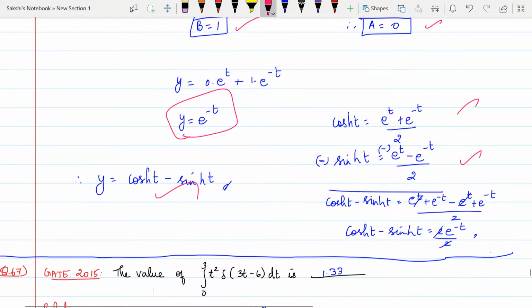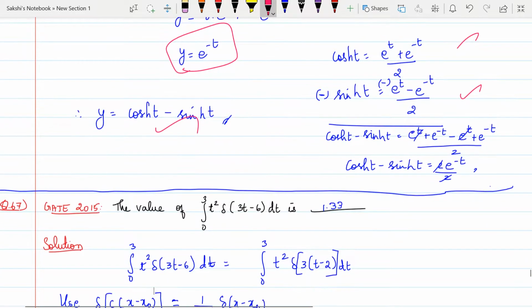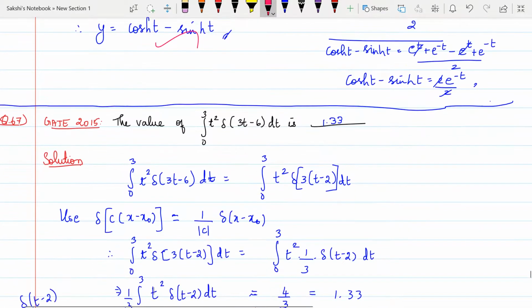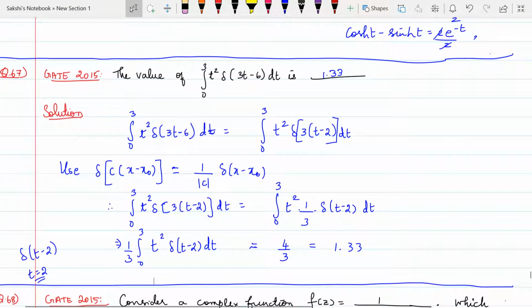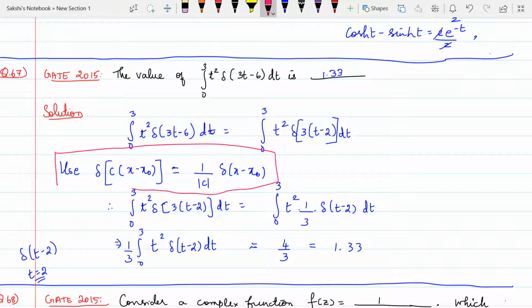A simple question. Next is the Dirac delta function. Here you have to use the properties of Dirac delta. Simple thing, you just have to remember the property of a Dirac delta function. So now this is your question and this is the property that we are going to use.